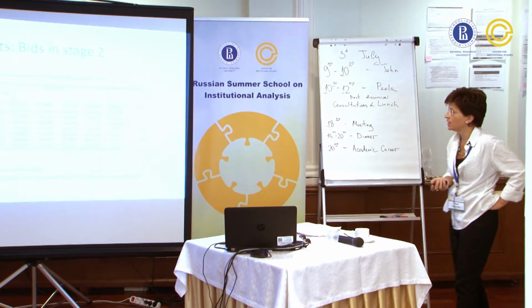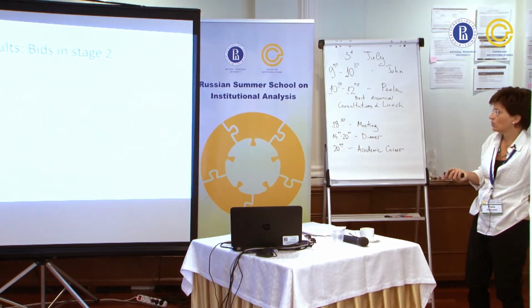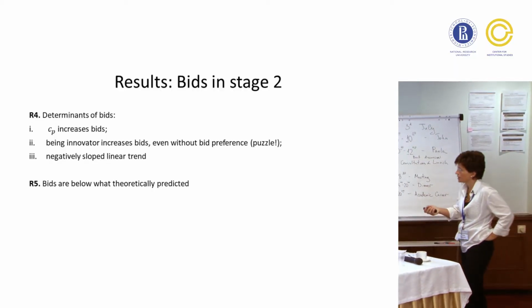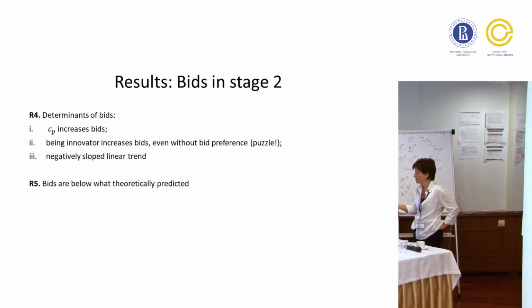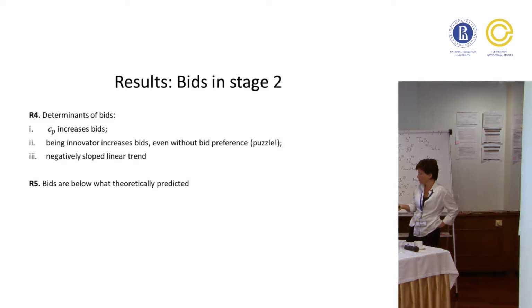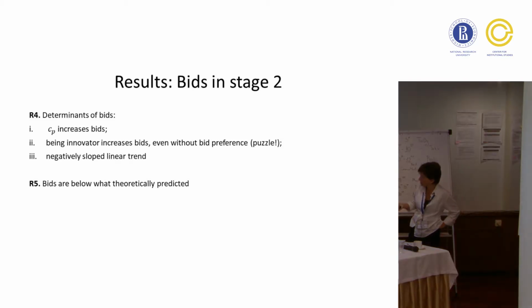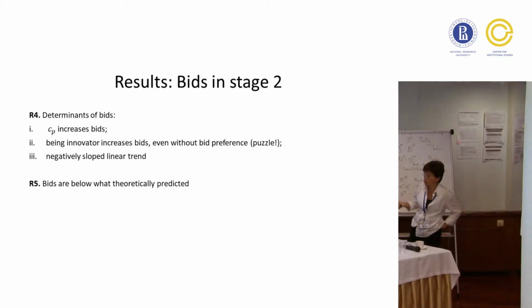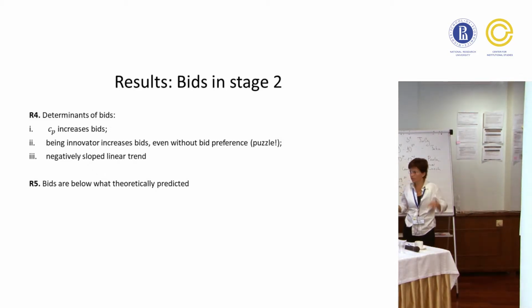Here you have the bids in stage 2, and what we can see here is that bid preferences do not affect the winning bid, and procurement of innovation, especially with bid preference, increases the winning bid. So here you have all the winning bids. So here you have only the winning bid. This is the winning bid minus the random cost which is extracted.